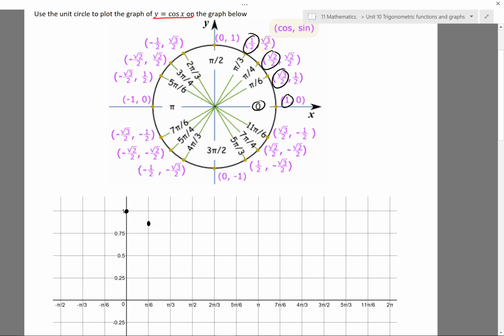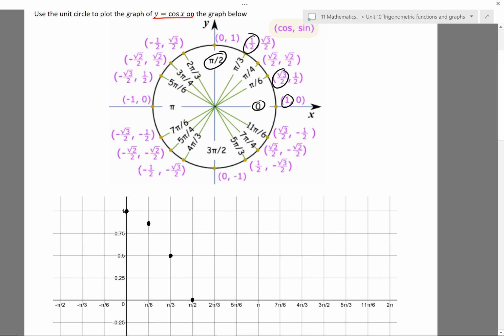Root 2 on 2, or 1 on root 2, is about 0.707, but I don't have that marked on my diagram, so I'll just look at pi on 3, which is a half. Mark this in here. And then at pi on 2, the cosine value is 0. So that's the idea.